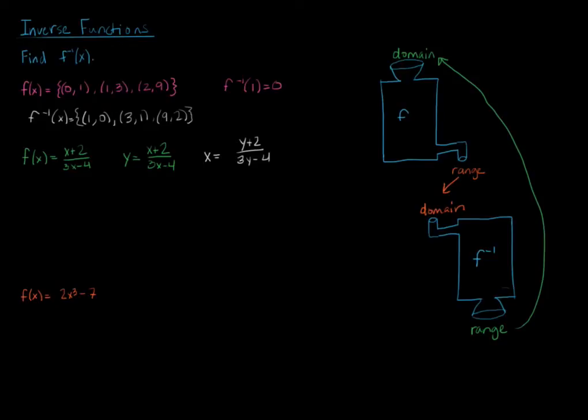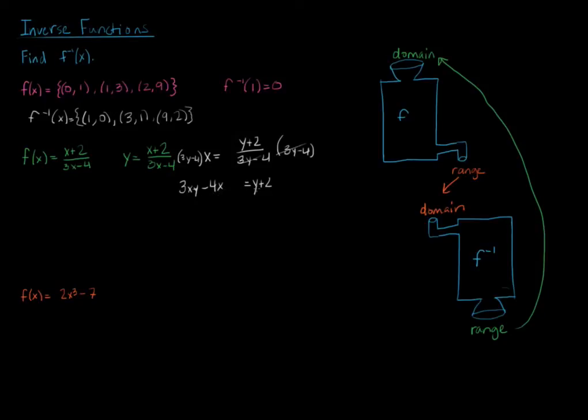Okay, now what? Now we need to get y by itself. The first thing I want to do is get this y out of the denominator, so I'm going to multiply both sides by 3y minus 4. Some of these take quite a bit of algebra, but it's not too difficult usually. So that goes away, and we have y plus 2 equals 3xy minus 4x.